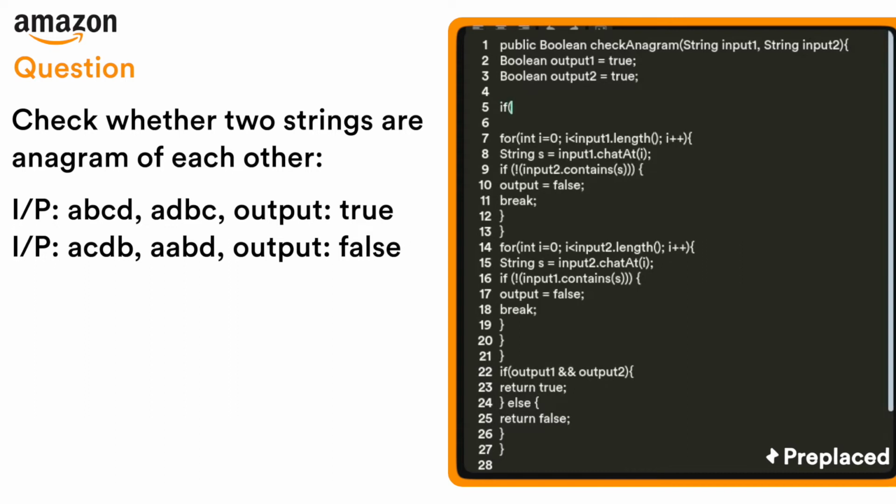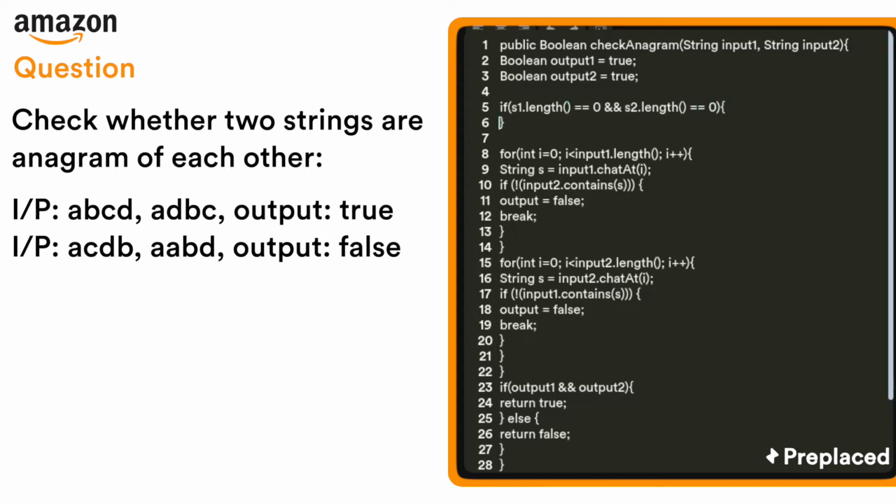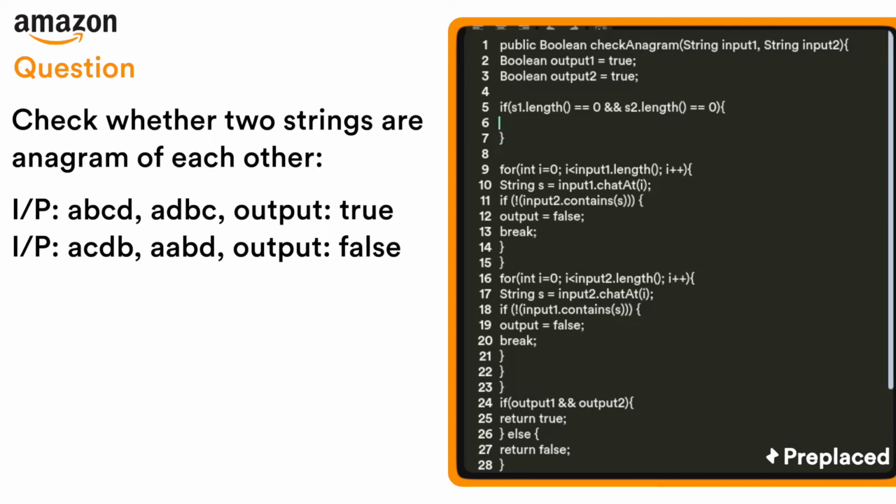If S1 dot length and S2 dot length equal to 0, then I will return from here. I won't move downwards. So return true.